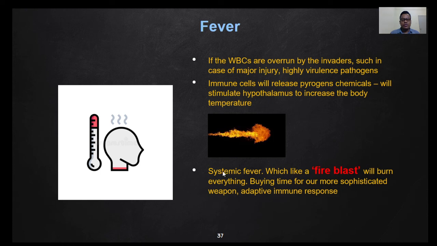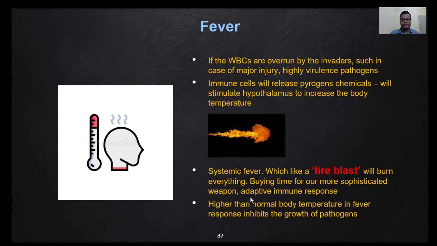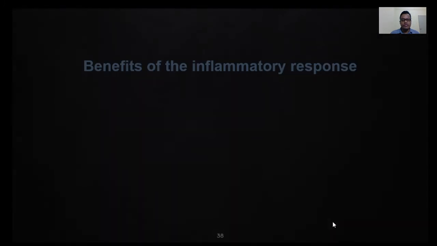This will lead to systemic fever, which, like a fire blast, will burn everything. This will buy time for our adaptive immune response. Higher than normal body temperature also inhibits the growth of the pathogens.